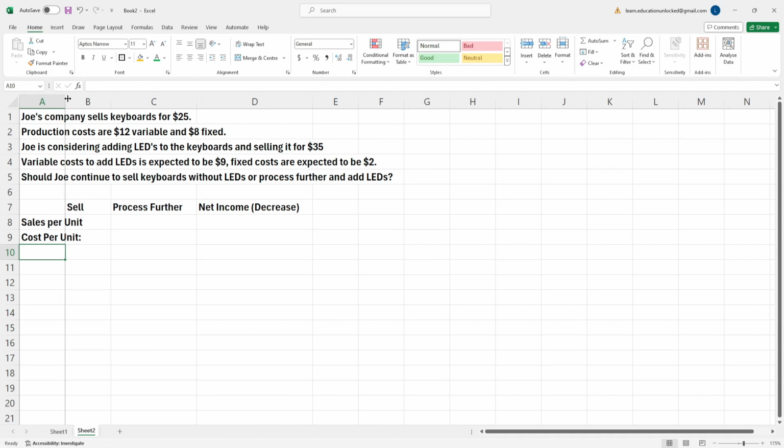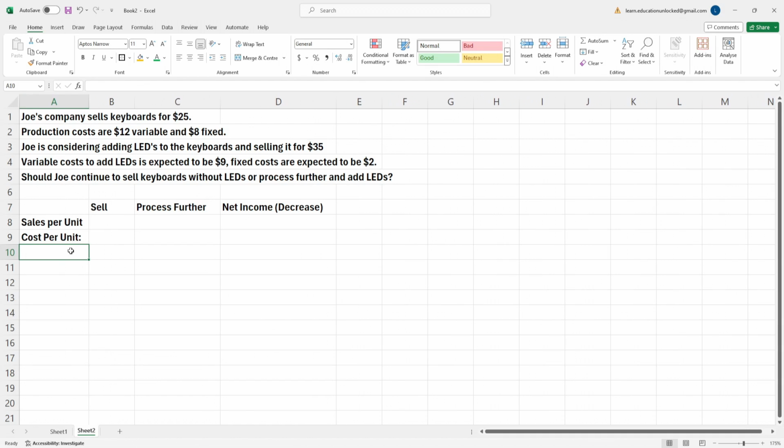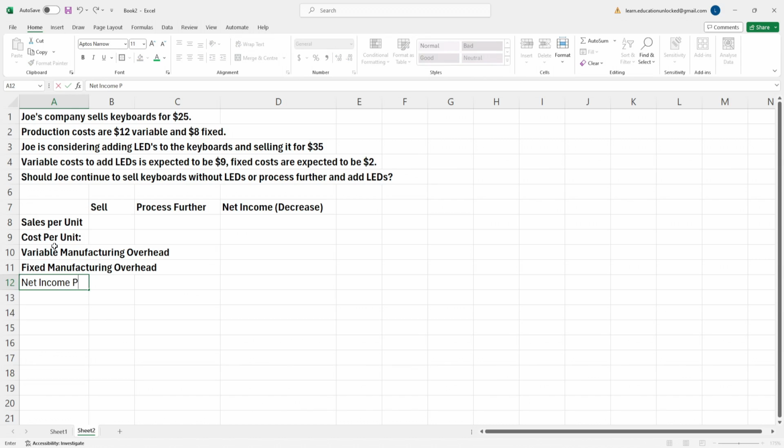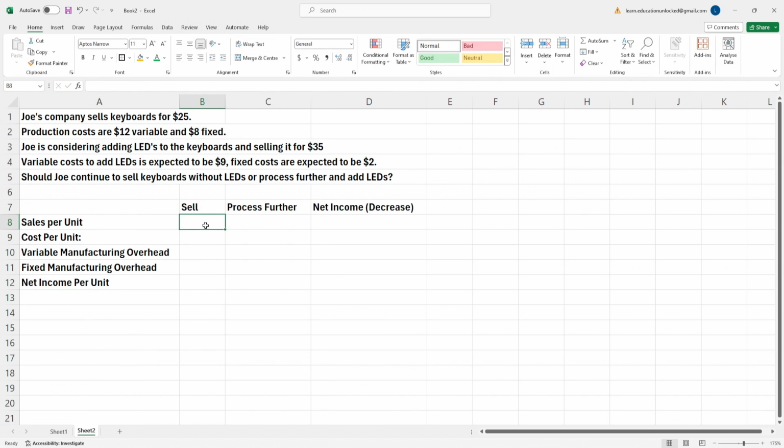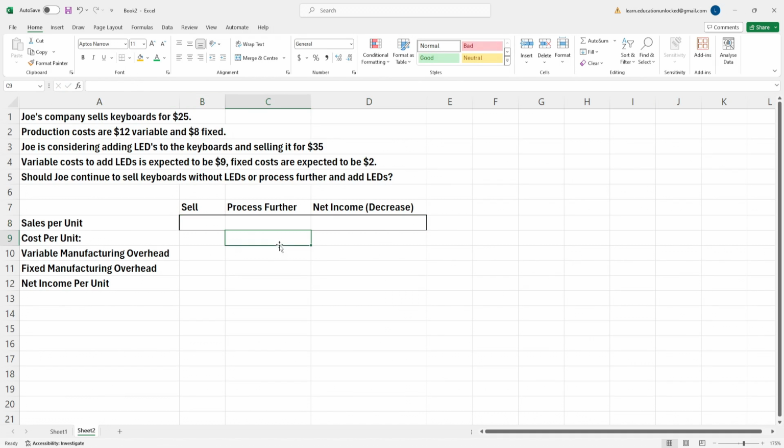So in this question, we don't have any direct materials or direct labor given to us. So we're just going to include variable manufacturing overhead and fixed manufacturing overhead. And then lastly, our net income per unit. And now we can calculate everything. So I'll put a line here.